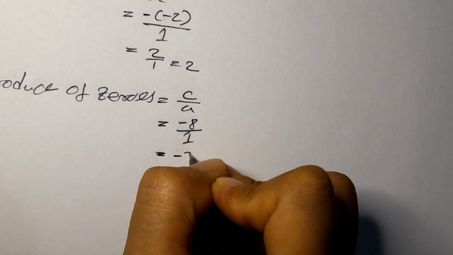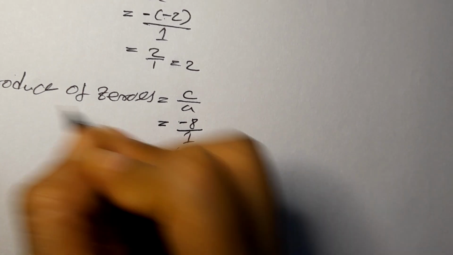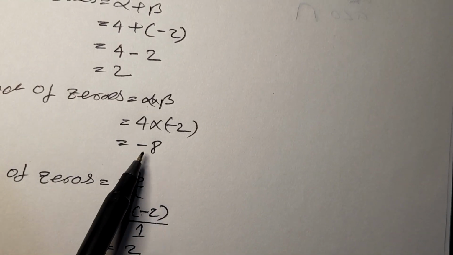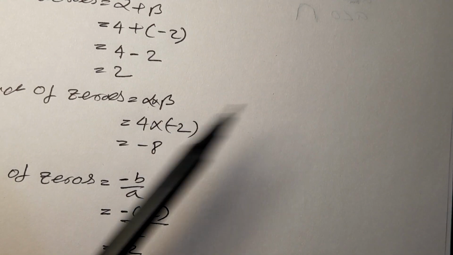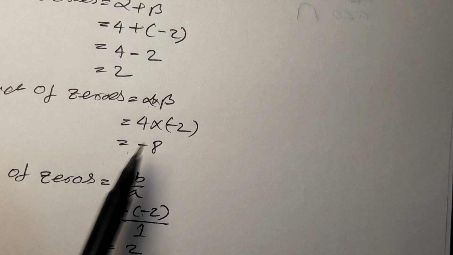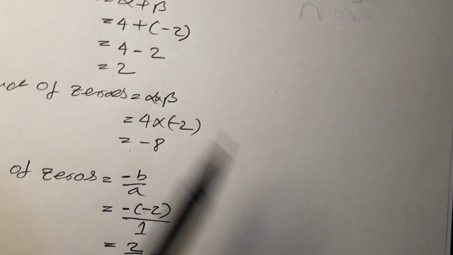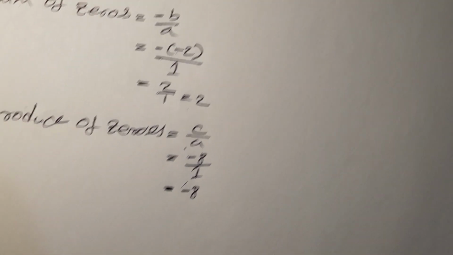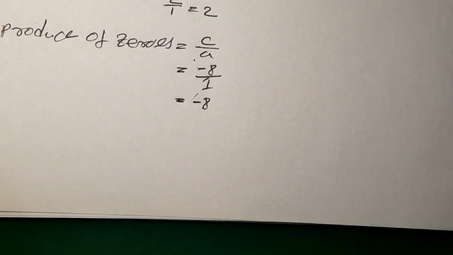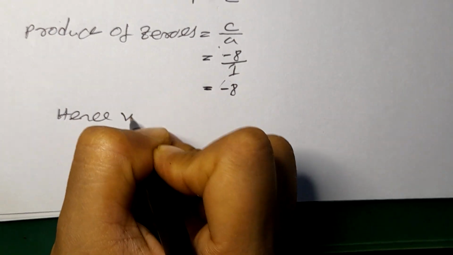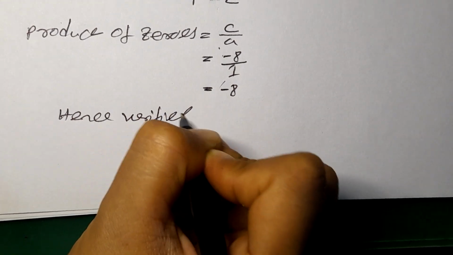So we got minus 8, the product of the zeros is minus 8. By the formula, product of the zeros is also minus 8, and the sum of zeros we got 2 by the formula. So hence verified.